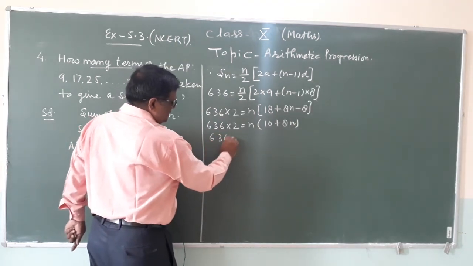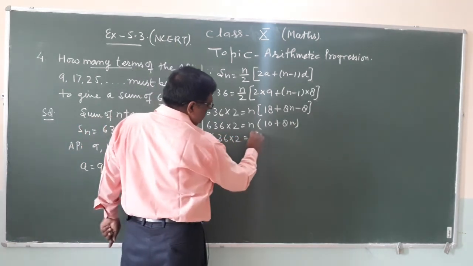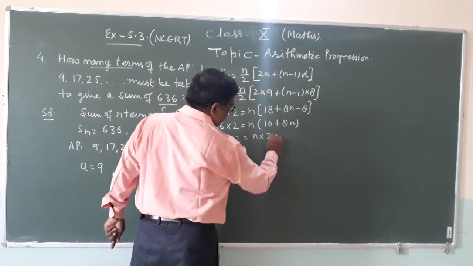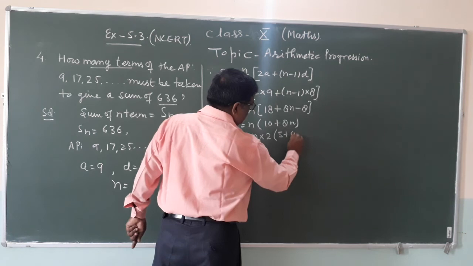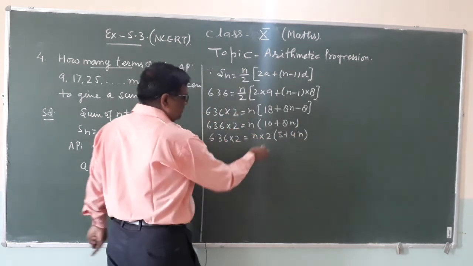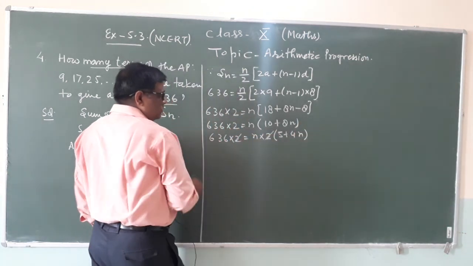So 636 into 2 is equal to n into (10 plus 8n). We take 2 common in the bracket: 2 fives are 10 and 2 fours are 8, so it is 5 plus 4n. This 2 cancels with that 2.